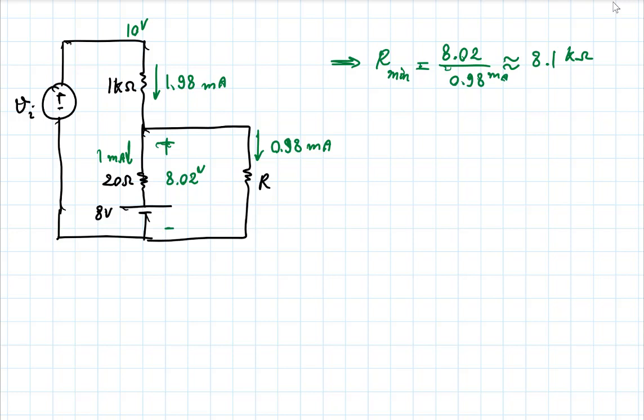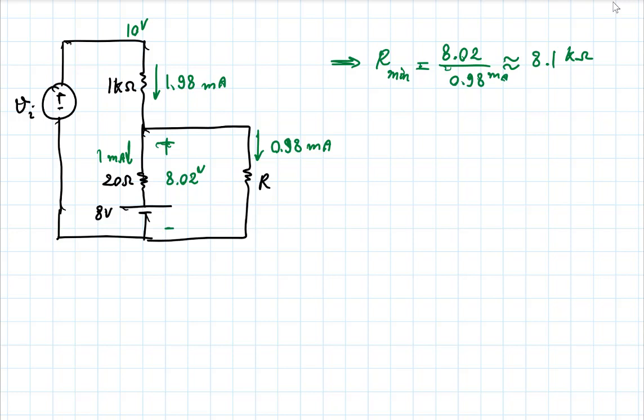If this is a little hard to take in, consider this. Imagine you had a resistor that was 5 kilo ohms in value. At that point, you would require a current going through the resistor of approximately 8 divided by 5, right?